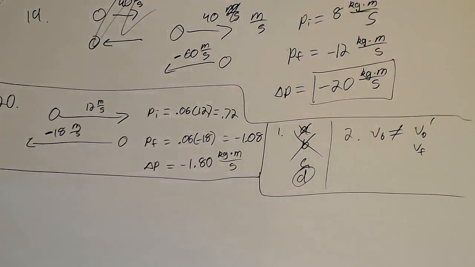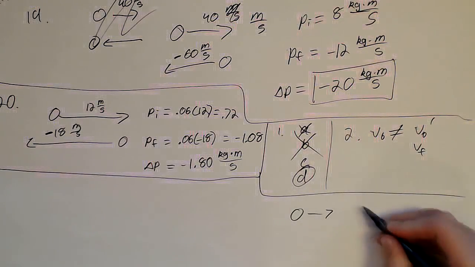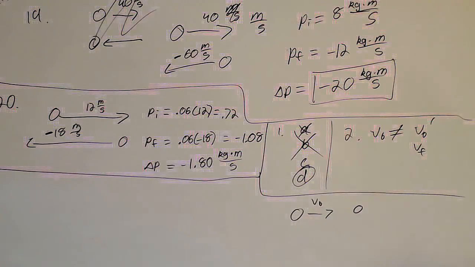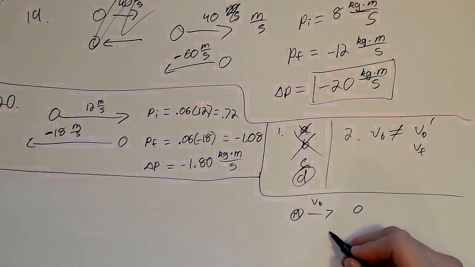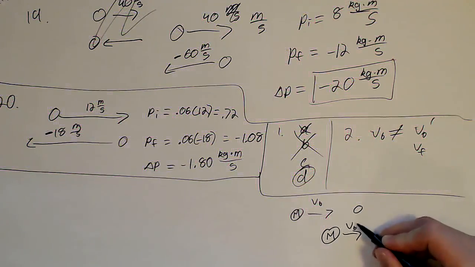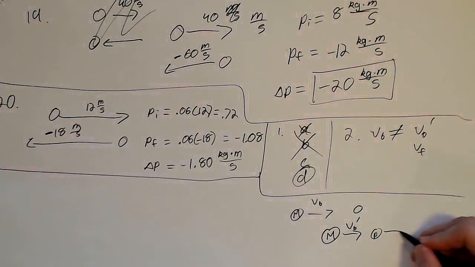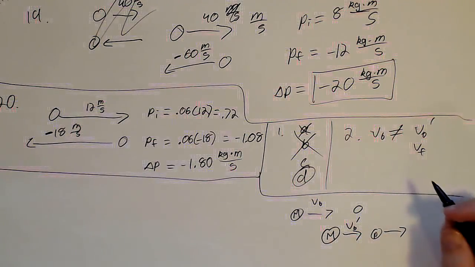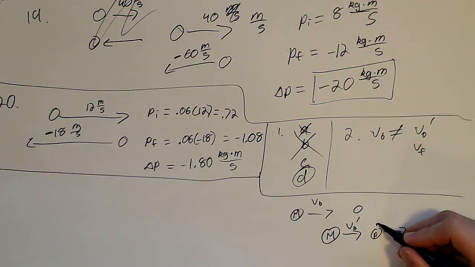So this is similar to some problems we've done before. Initially, you have a bowling ball coming at a pin with velocity vb and a mass of m. And then afterwards, you have the bowling ball moving with velocity vb prime and the pin moving at a velocity that is unknown, and it has a mass of lowercase m, I believe. Yes, it does.